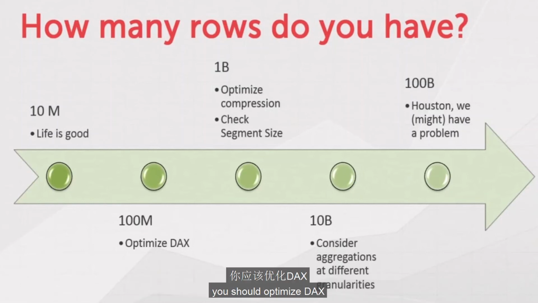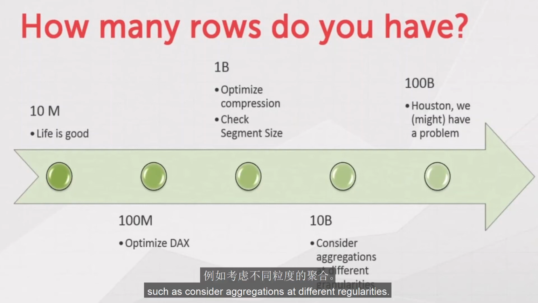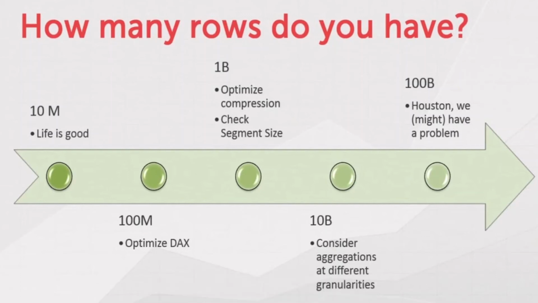At 100 million, you should optimize DAX. At 1 billion, optimize compression and check segment size. At 10 billion, you need to do more, such as consider aggregations and different granularities.